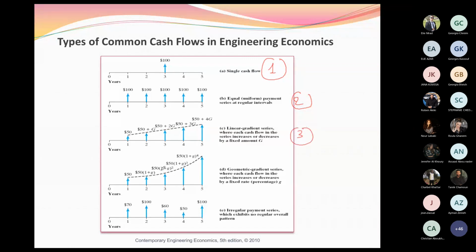We have a geometric gradient series, so cash flow increases or decreases geometrically by a percentage small g. And finally, irregular payment series where we have no pattern.